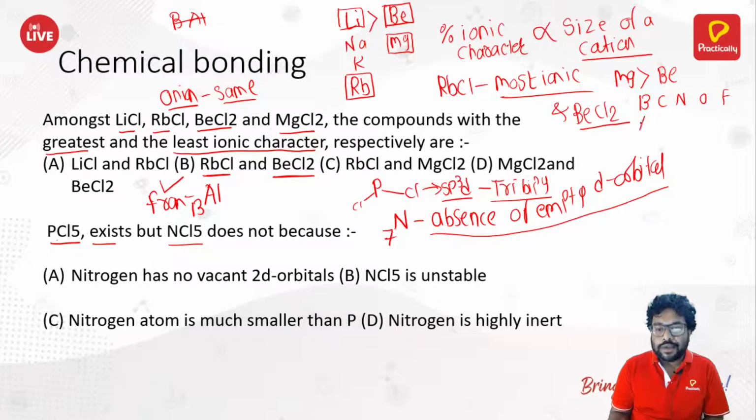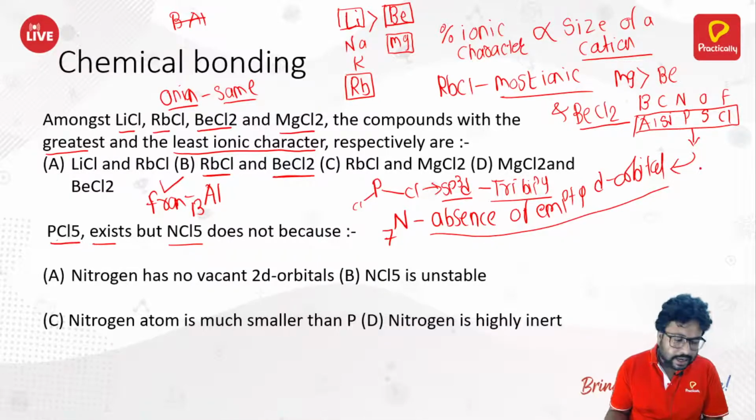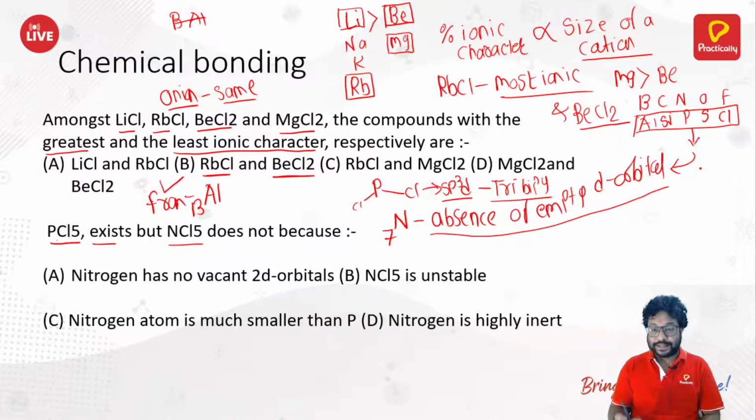Then you have aluminium here, silicon here. For nitrogen you have phosphorus, for oxygen you have sulfur, for fluorine you have chlorine. So all of this and below you will always have an empty d orbital. But boron, carbon, nitrogen, oxygen, fluorine do not have empty d orbital.